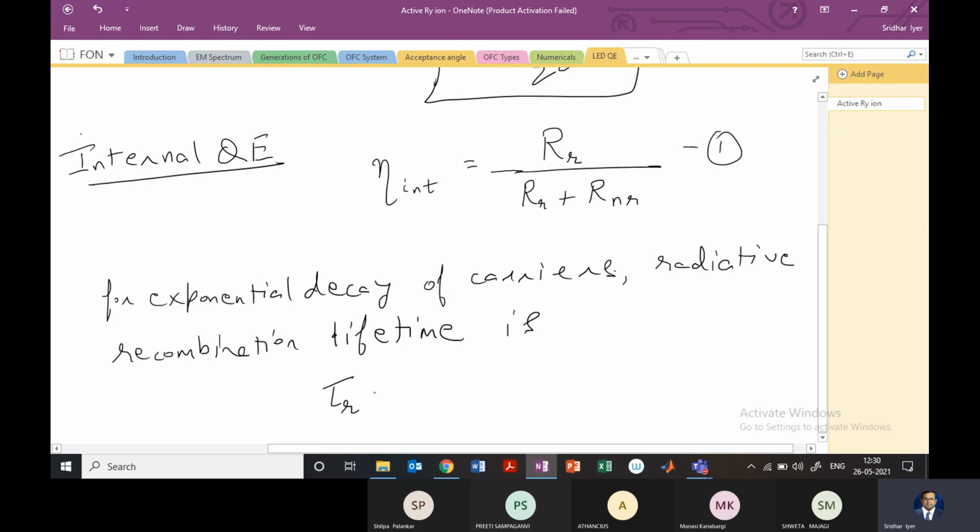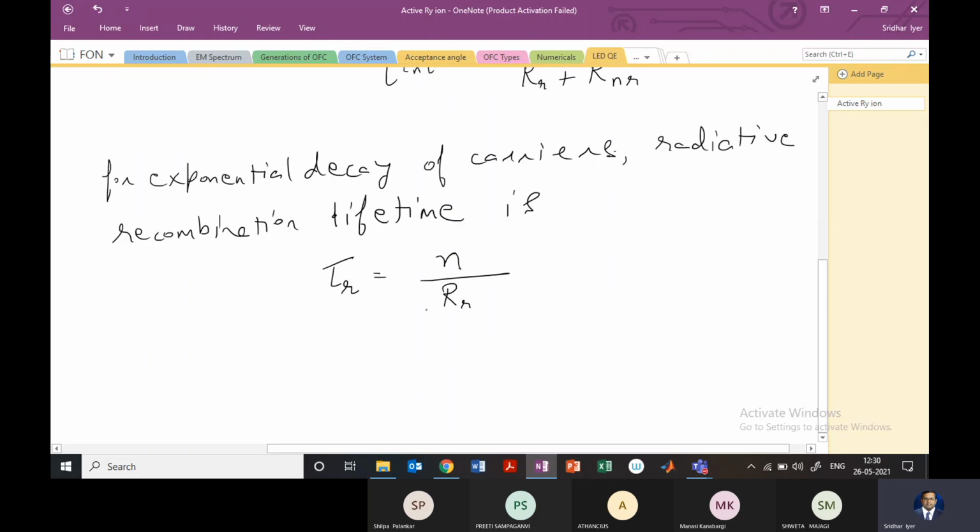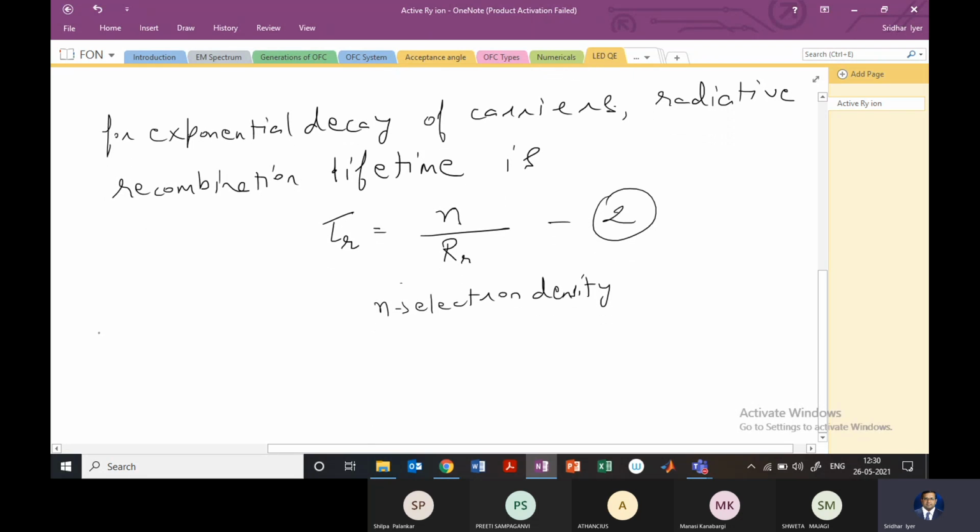So tau_r is n, which is the injected number of electrons, divided by R_r, right? Where R_r, the denominator, is the number of radiative recombinations, and n is the electron or charge density. We'll call this equation 2. So this is about the radiative recombination lifetime.